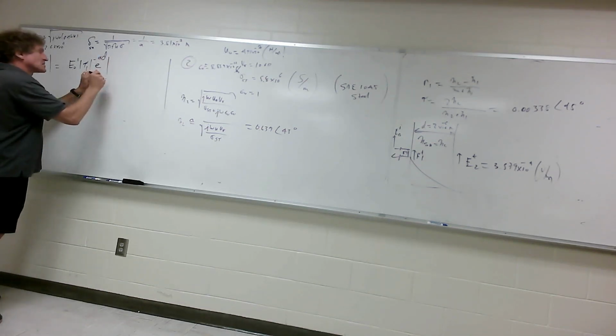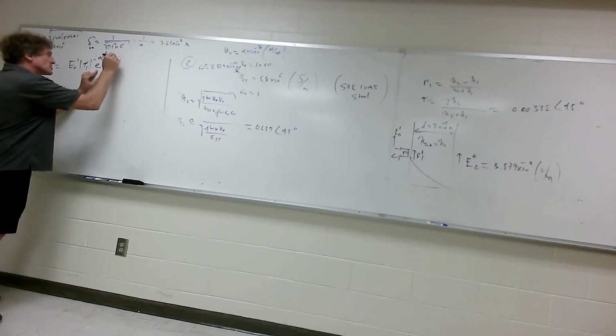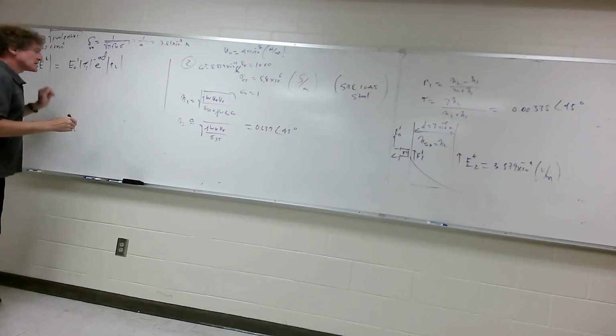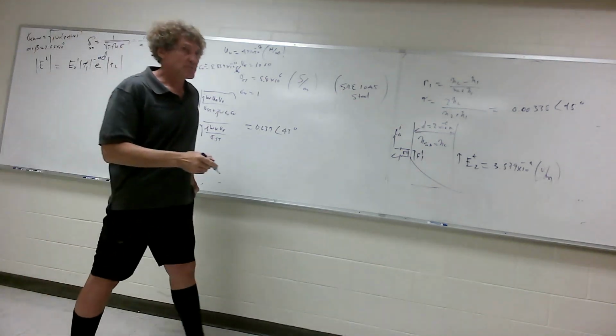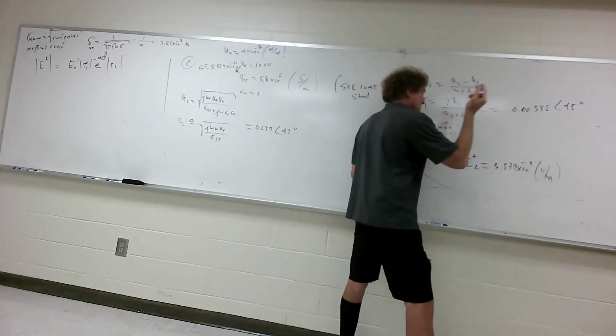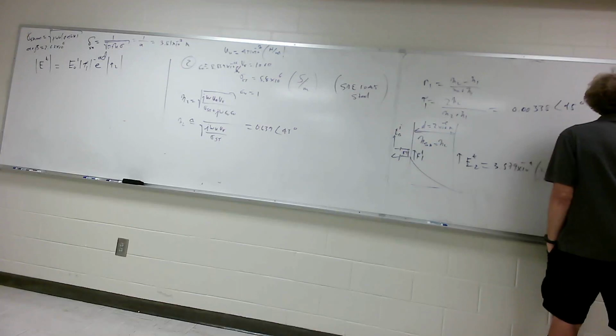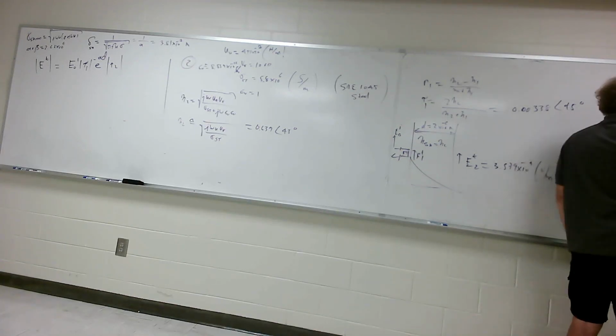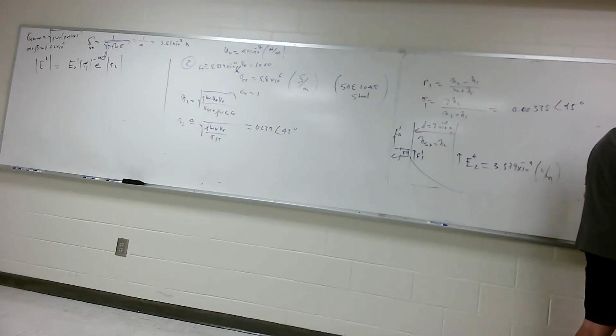Then I have to take the transmission coefficient in region 2, and that would give me this. But what is the transmission coefficient going from the shield into the second region? You remember how I told you to do it?